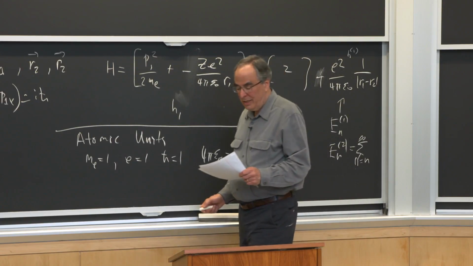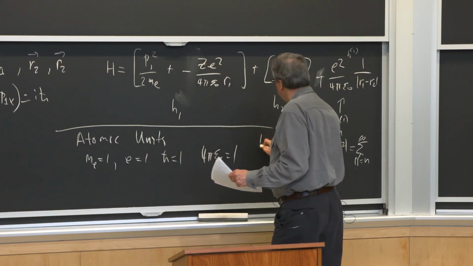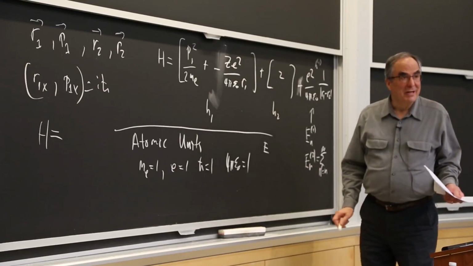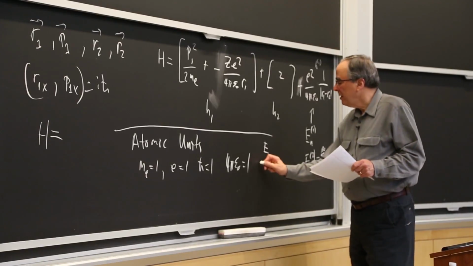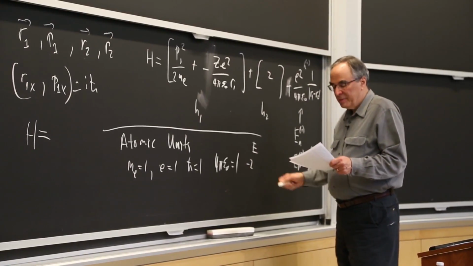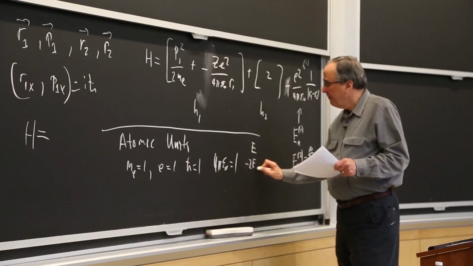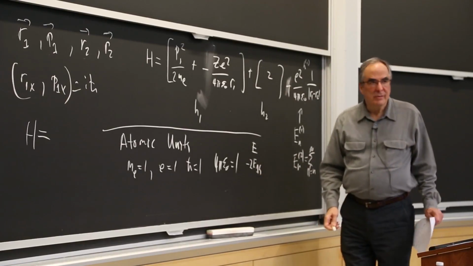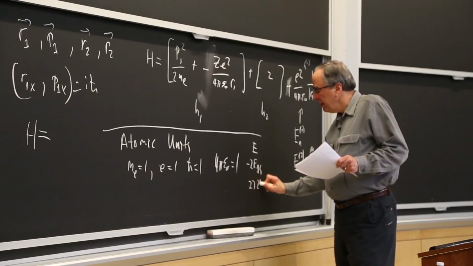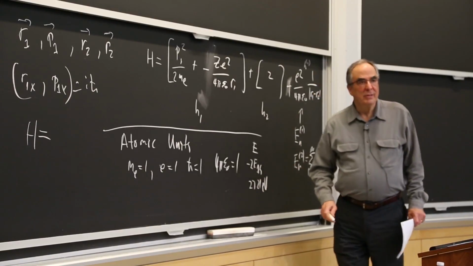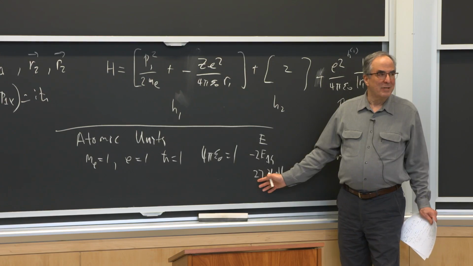Okay, and the energy in atomic units is not 1. The energy in atomic units is minus 2 times the energy of the hydrogenic 1s orbital. And that comes out to be 27.21 electron volts in more convenient units.